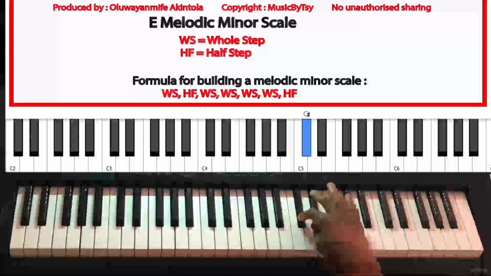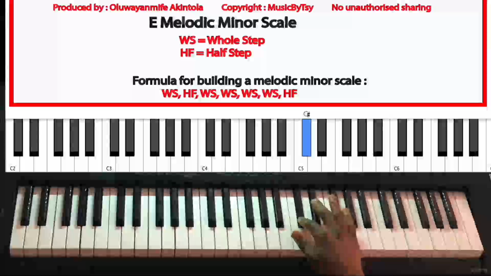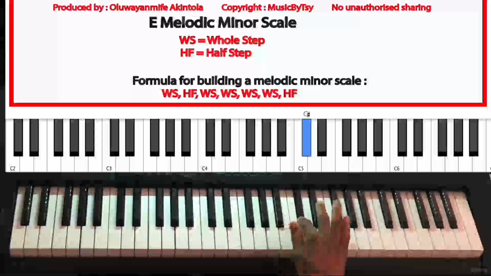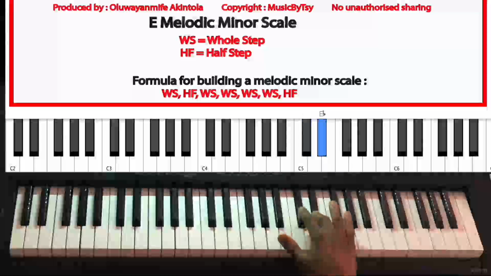The 7th note is not going to be the key of D. It would have been if we were building the E natural minor scale. But because we are building the E melodic minor scale, the 7th note is going to be the key of E flat.